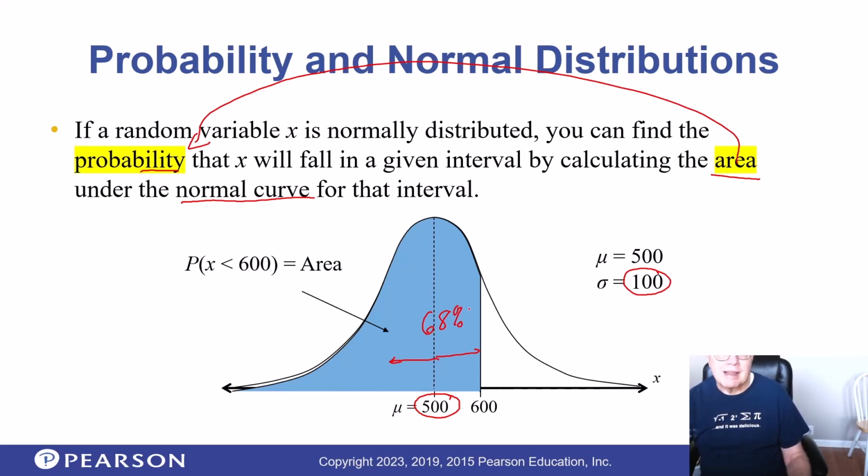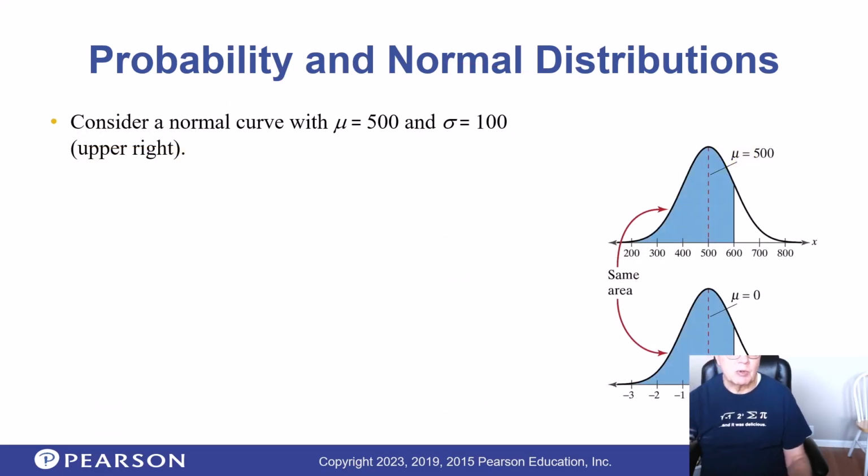Well, that means that the chance of getting a result at random somewhere in this region would be 0.68 roughly. The probability X is in that area, plus or minus 1 standard deviation. All right, so let's get with it.